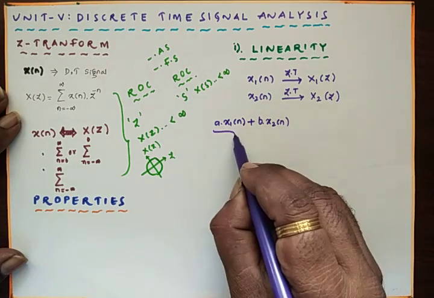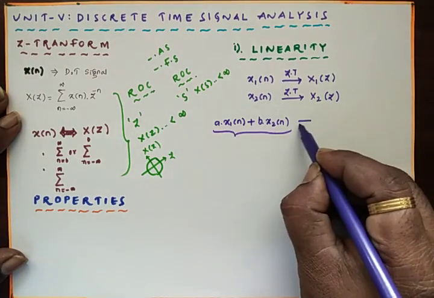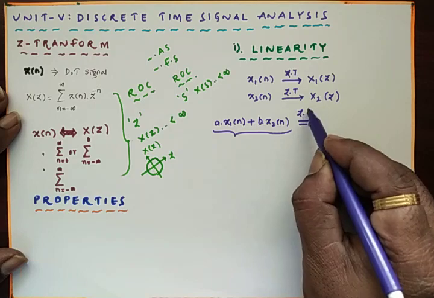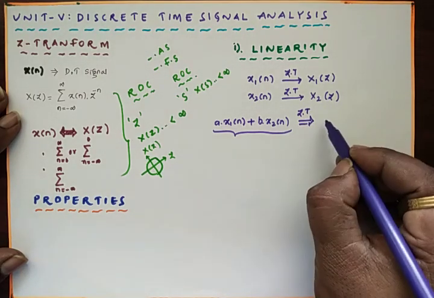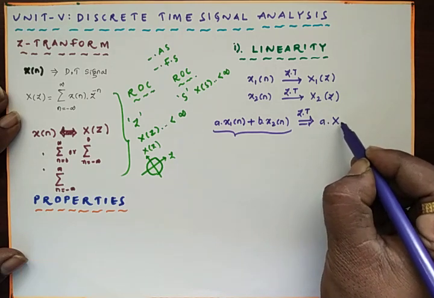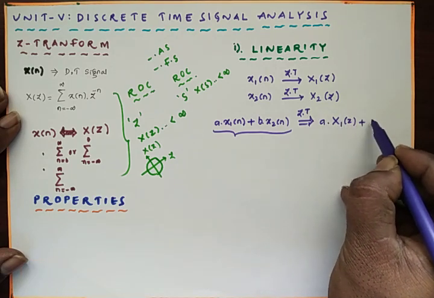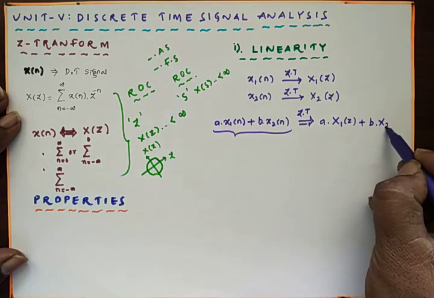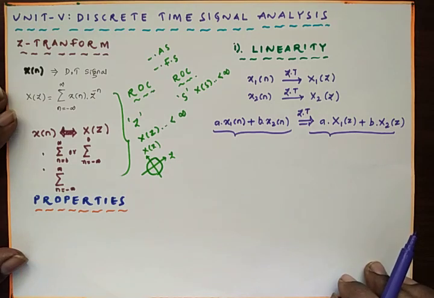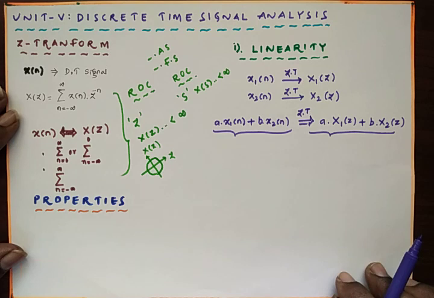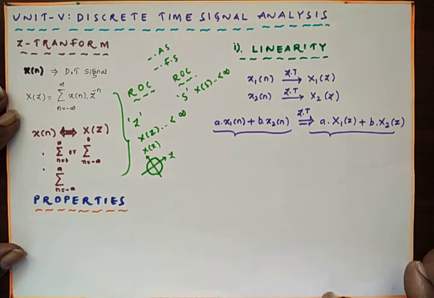Now I assume it is a single signal on which we apply the z transform, such that the resultant z domain signal must be a into x1 of z plus b into x2 of z. If a signal satisfies this linear combination of input signals as well as the linear combination of output signals, even after applying the z transform, then we can say that the z transform has the linearity property.